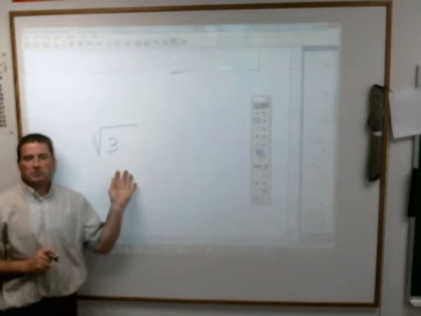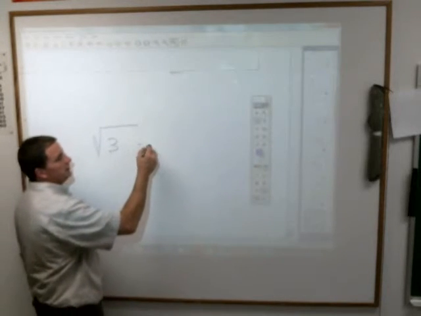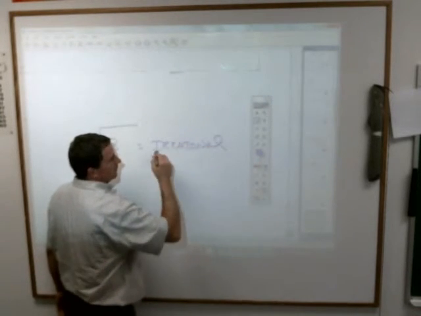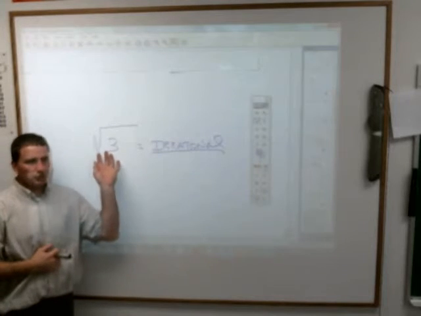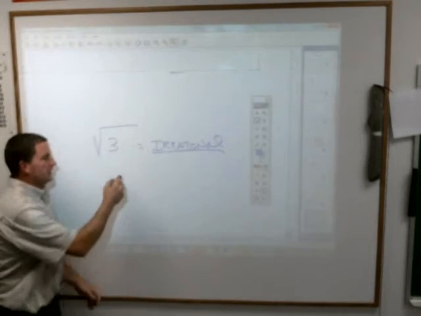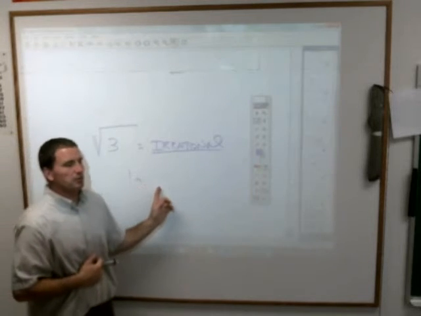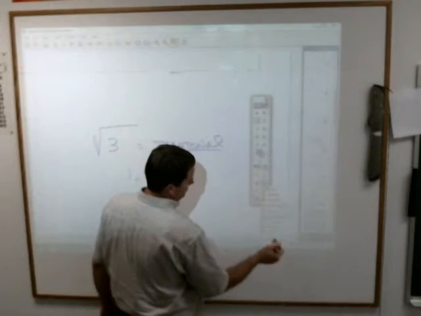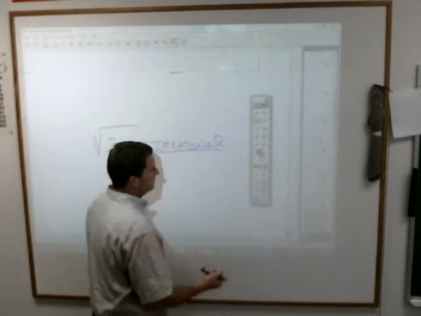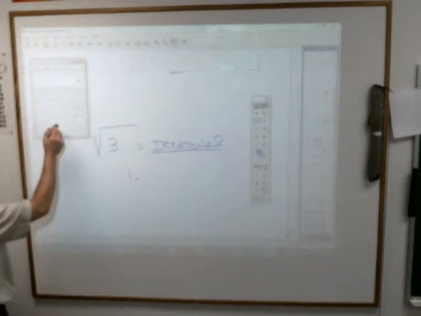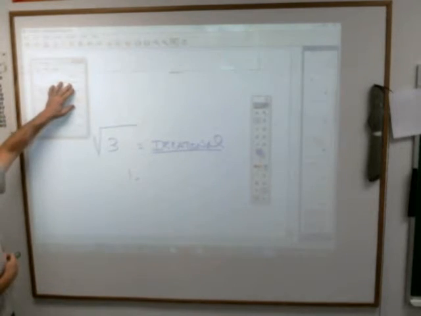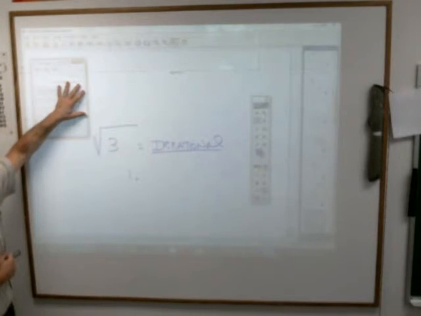The answers to square roots that don't work out are called irrational. Because if you were actually doing this out, this would be 1 point something, but that decimal would never ever end. In other words, if I take my little calculator and I type in the square root of 3, this gives me 1.7320508075688877 is my answer.